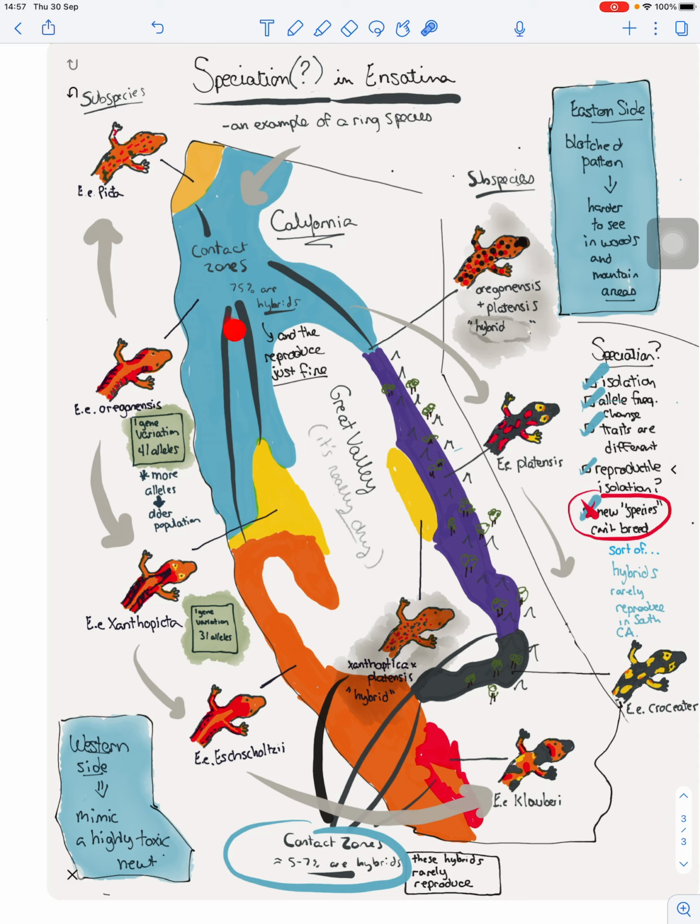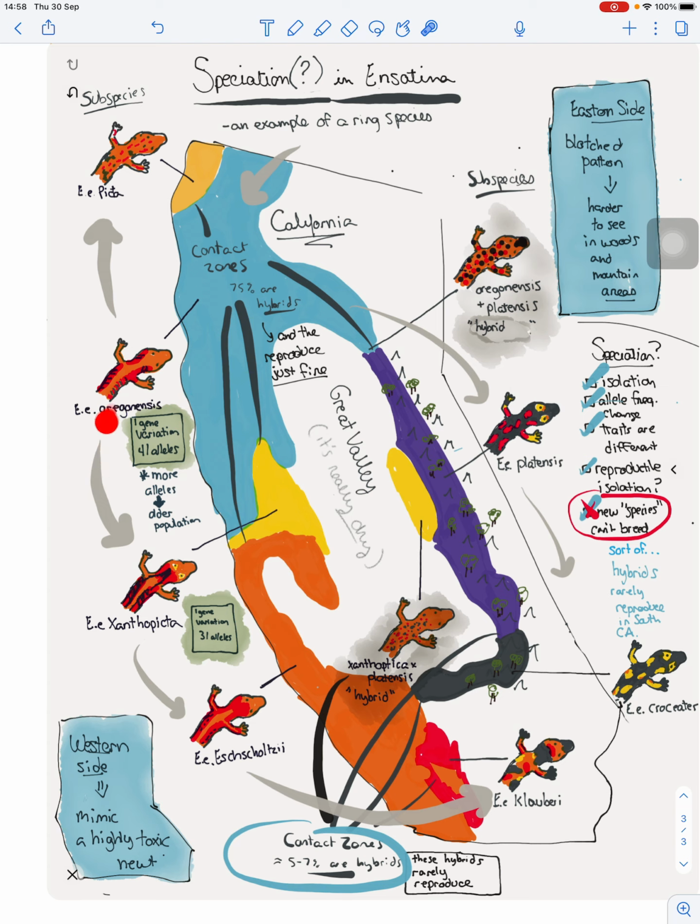And they reproduce just fine, okay? So up here, lots of intermixing. And if they're reproducing in the hybrids, the mixture between the two species, and you can see the contact zones all along here, they're making hybrids, everybody's happy, they're reproducing fine. So we're not getting isolation, we're not getting an allele frequency change, there's no reproductive isolation, so it's not a new species, okay?